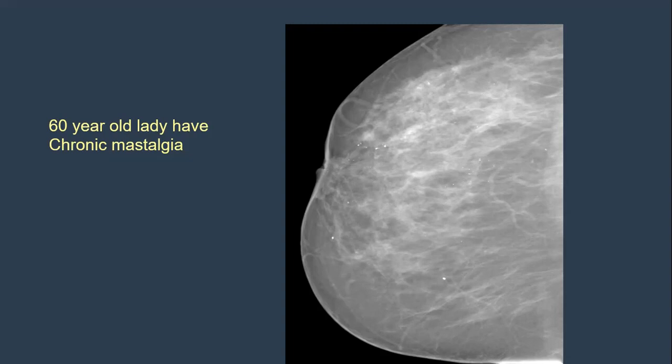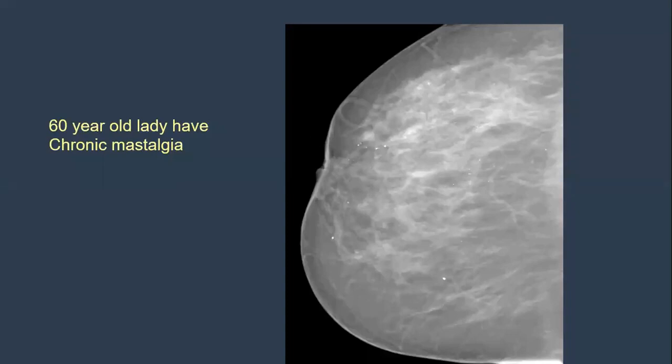What are the components of plasma cell mastitis? What is the pathophysiology? Inflammation within the ducts and plasma cells and the periductal area. This is periductal mastitis.